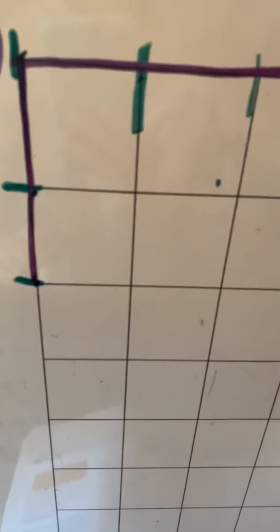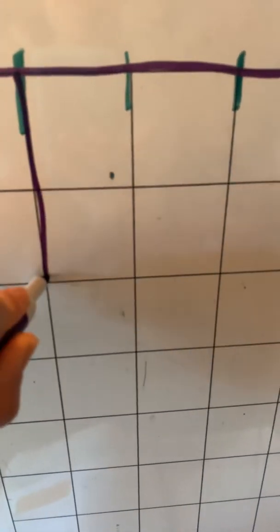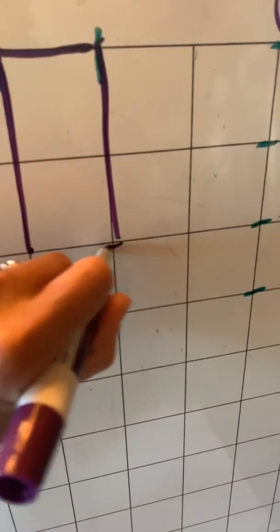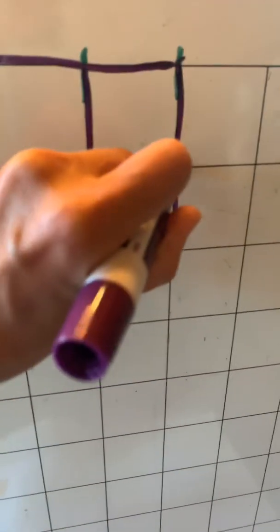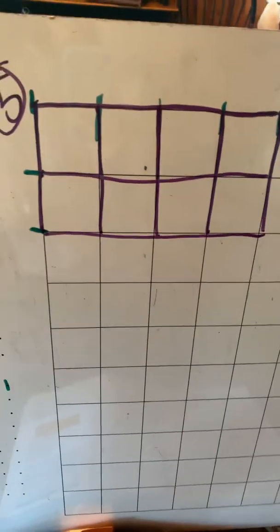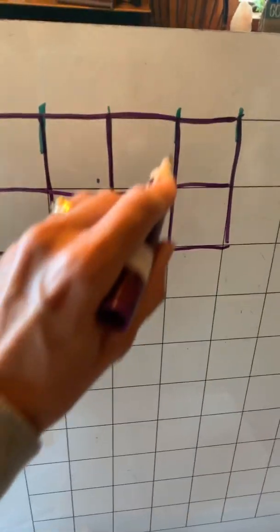So you're going to go ahead and take your ruler. I'm doing it freehand, which is not correct. You're going to actually take your ruler and measure so that your lines are nice and straight. And when you're done, you'll see that you have 2 plus 2 plus 2 plus 2, or 4 plus 4 is 8 boxes.